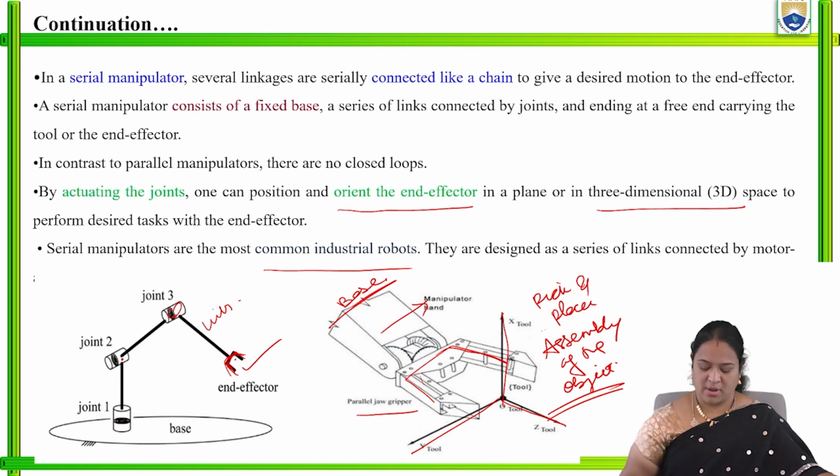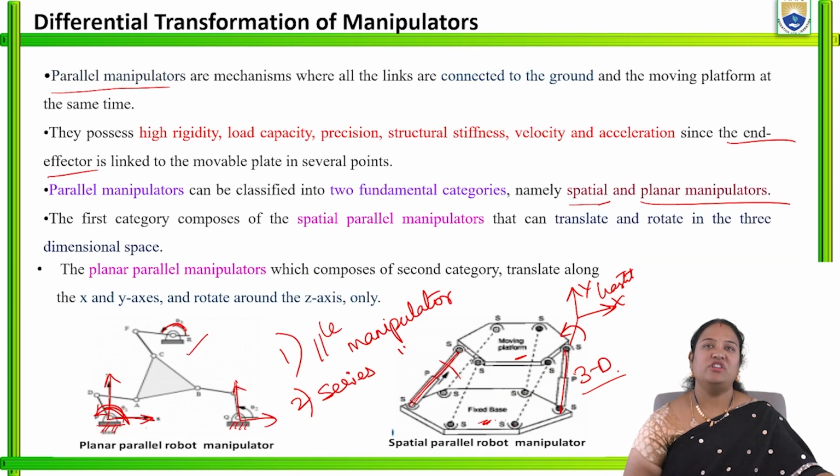Hope you have understood about the differential transformation of manipulators. That is, we have two types of manipulators, parallel as well as serial. The parallel has two types, that is spatial and planar, according to the type of the joints and links. Whereas in the serial manipulator system, all the joints and links are attached in the form of a chain, and generally they are used in industrial robots.